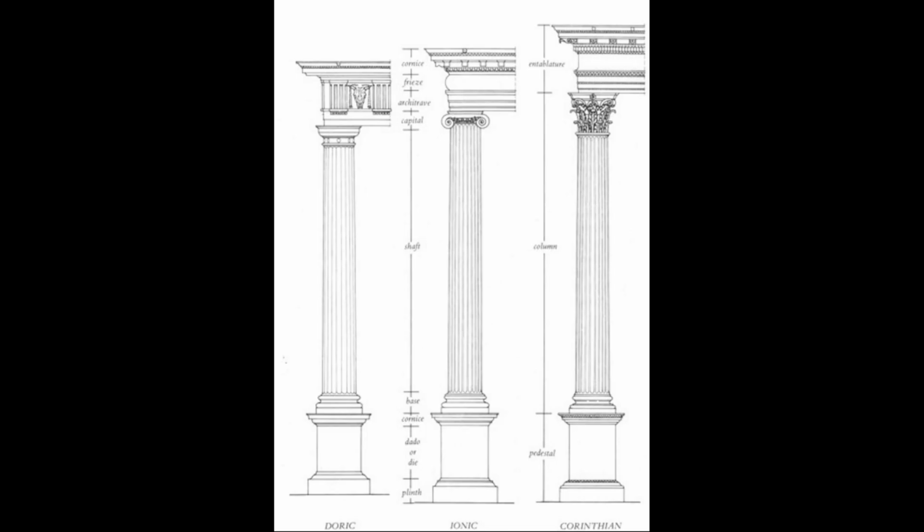Next is the Ionic order, which has scrolled forms at the head of the column, said sometimes to be inspired by the horns of a ram. And finally, the richest of the 3 original classical orders is the Corinthian, which has an elaborately carved capital inspired by the leaves of the acanthus plant.